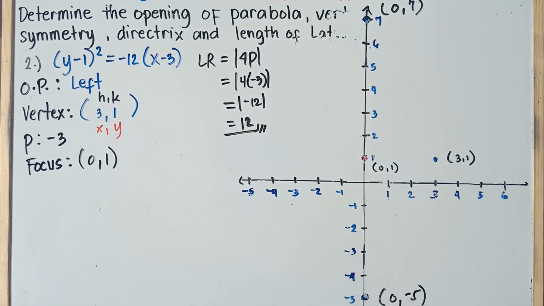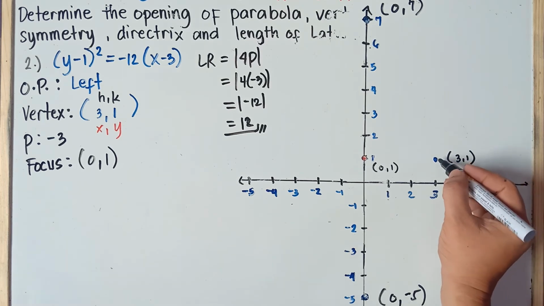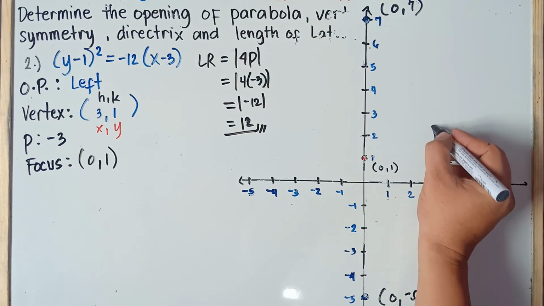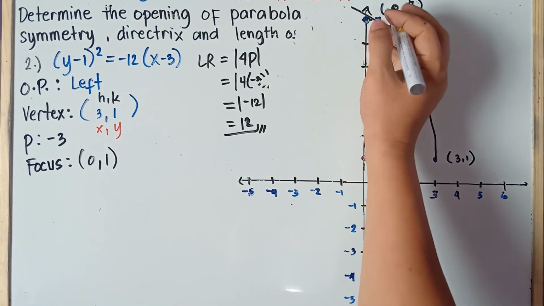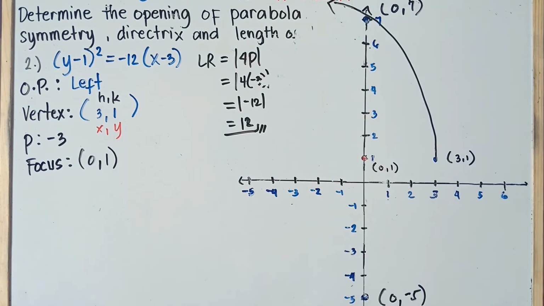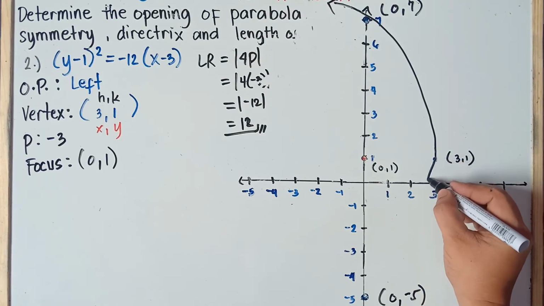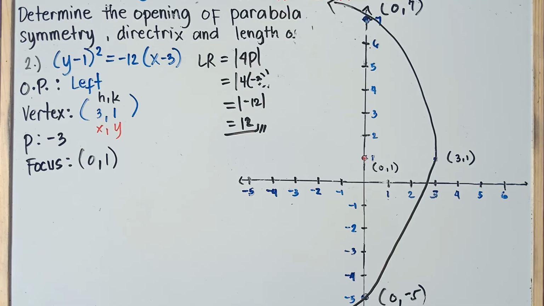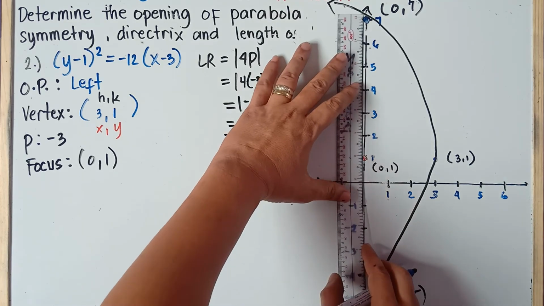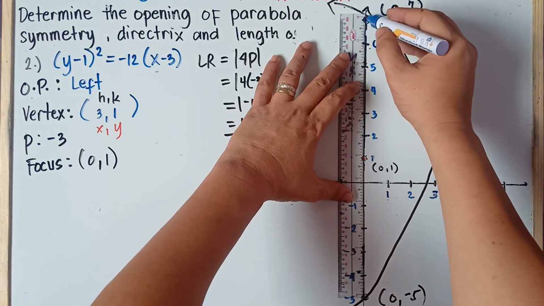Alright, and then we can now graph this one, class. Connecting this one, starting from the vertex. Alright, so that's it. And this one, starting from the vertex. That's it. And then we can connect this one, class, our length for the latus rectum.